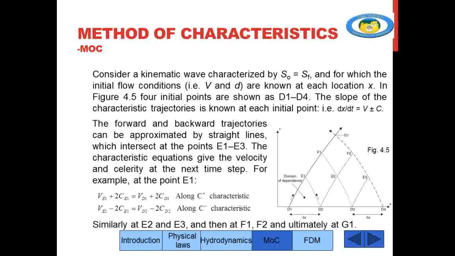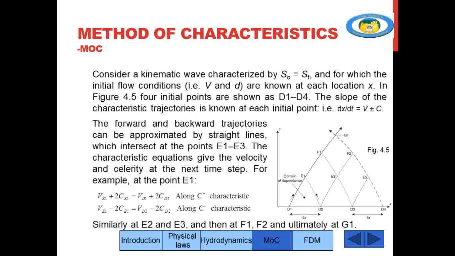From E2 and E3, they will meet at F2. Similarly, you can determine the flow characteristics of velocity and depth at F1 and F2 using the forward and backward characteristics that start from F1 and F2. Then ultimately you can obtain the flow characteristics at G1.